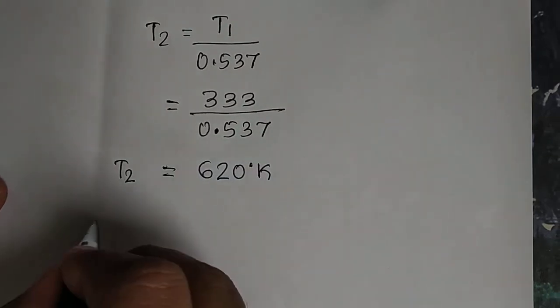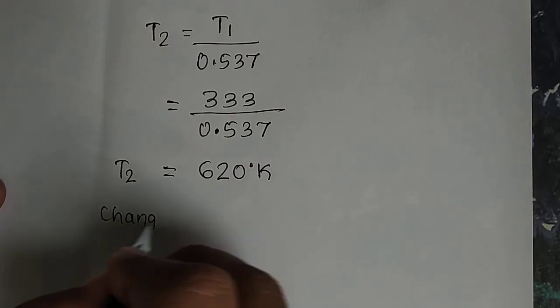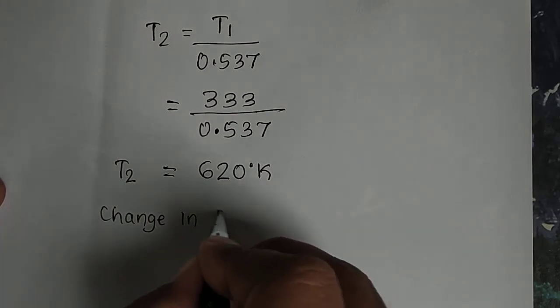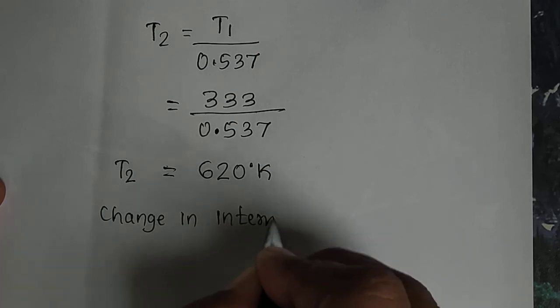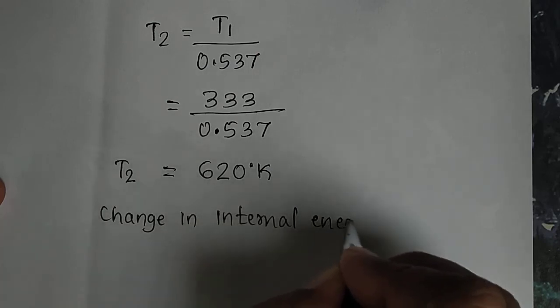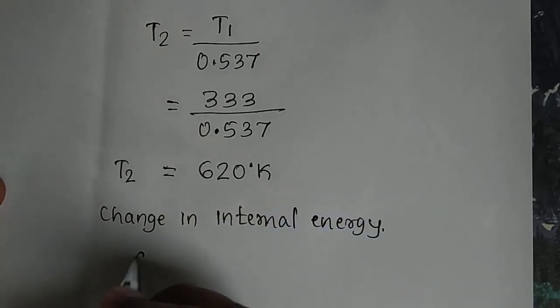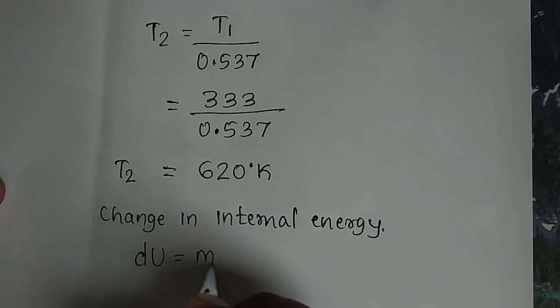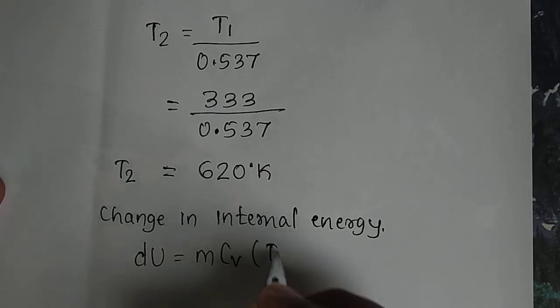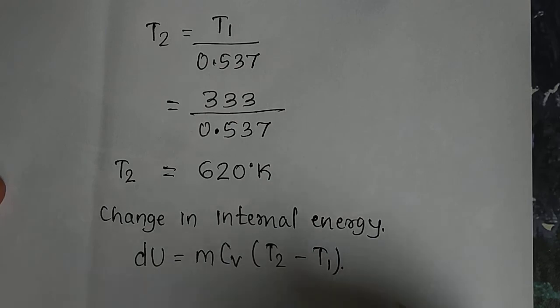Then find out the change in internal energy. Change in internal energy, that is dU, will be equal to m Cv (T2 minus T1).